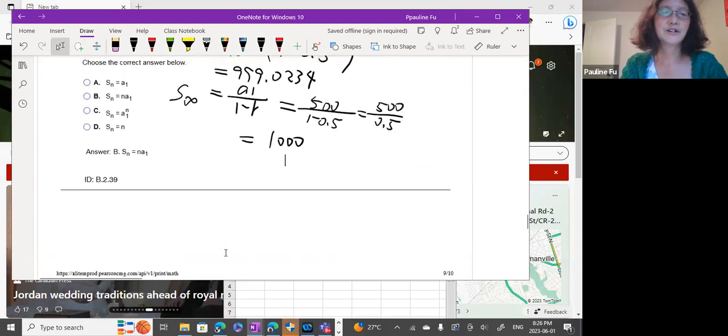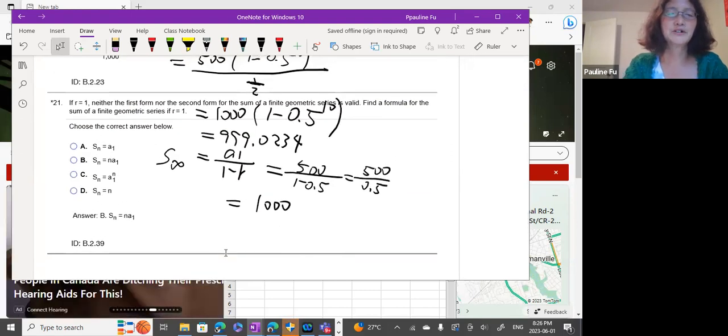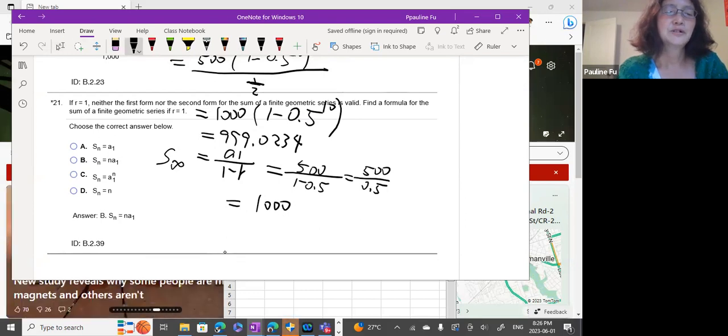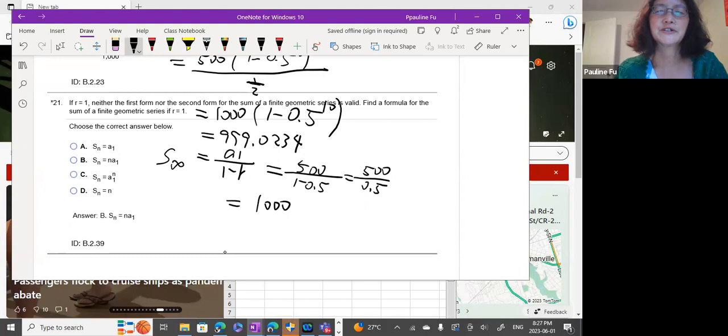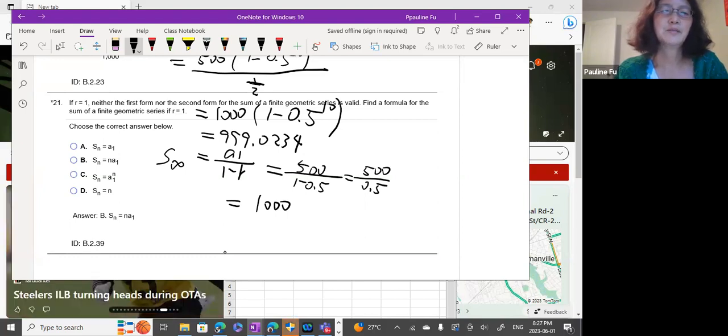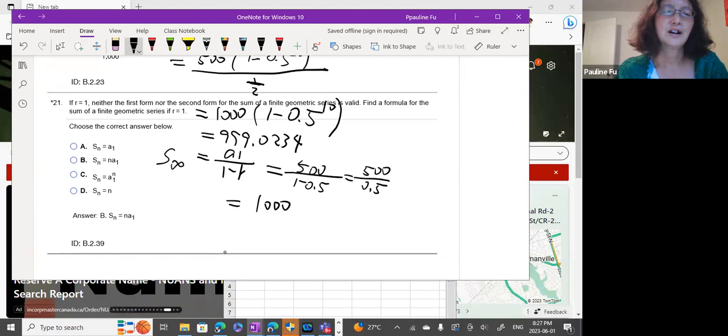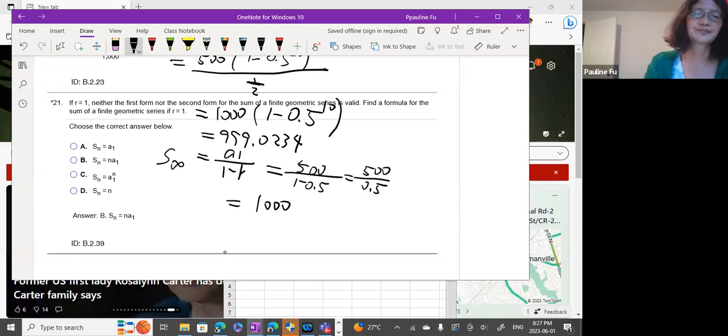Okay, question 21, multiple choice. If R equals 1, neither the first form nor the second form for the sum of a geometric series is valid. Find the formula for the sum of the finite geometric series. If R equals 1, that's an interesting question.